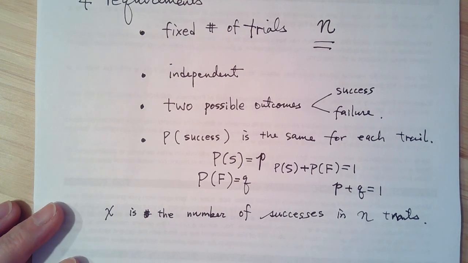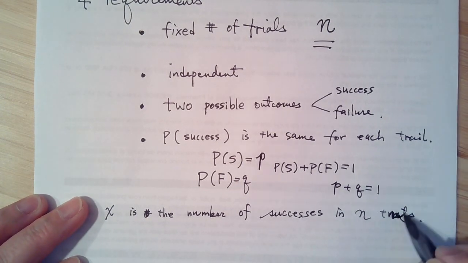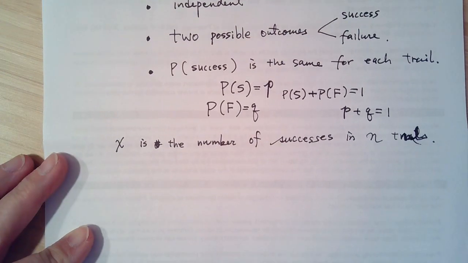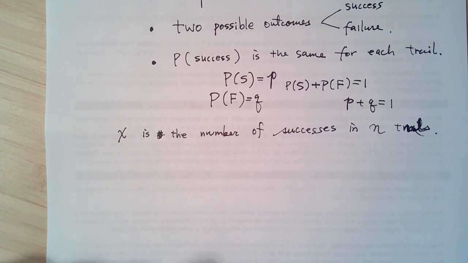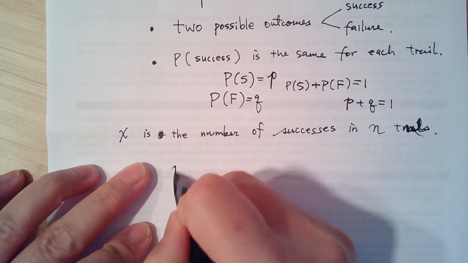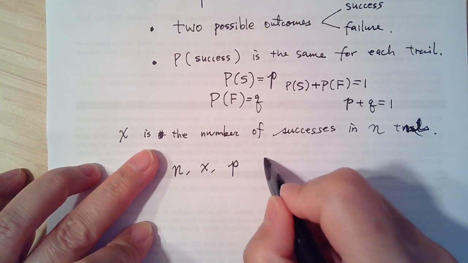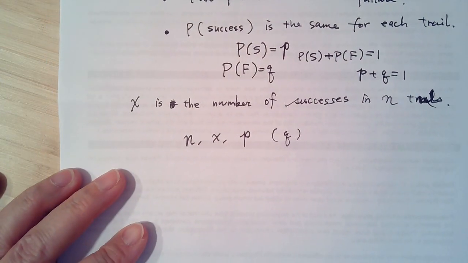So we have 3 letters: n, x, and P. And of course, we have Q, but Q doesn't really matter because Q will be just 1 minus P.